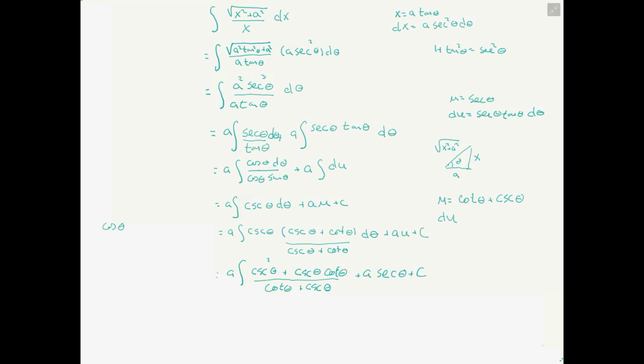So du: cotangent is cosine theta over sine theta, and its derivative is minus sine theta over sine theta minus sine squared theta plus cosine squared theta over sine squared theta.